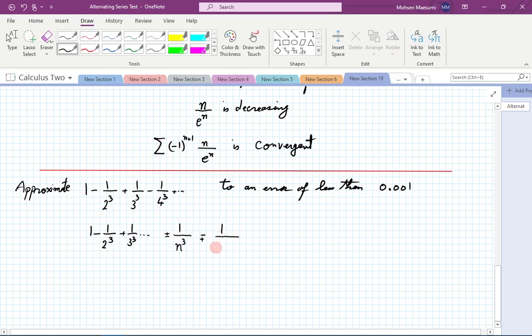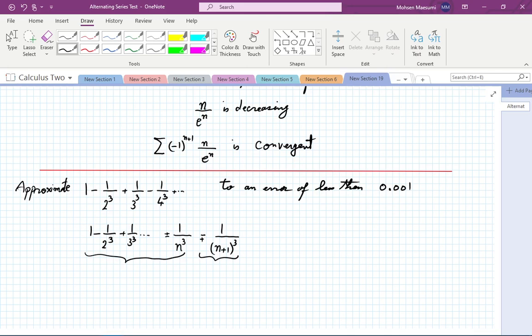The next one is 1 over n plus 1 cubed. If you decide to stop after n terms, then the error that you're going to make is going to be less than this, because that's the amount by which you're going to be doing the next zigzag. You're going up by that amount, you're going down by that amount.